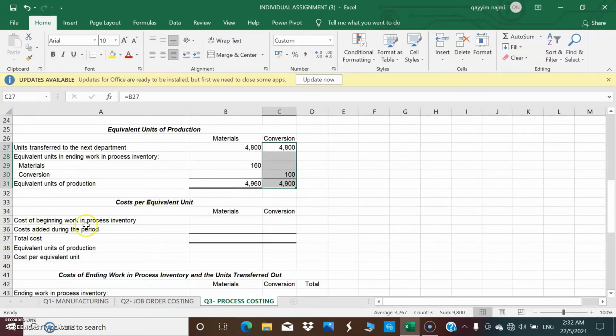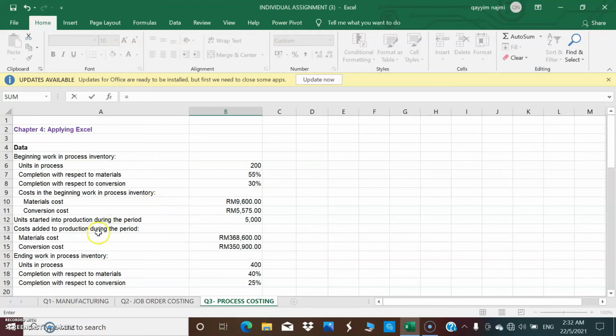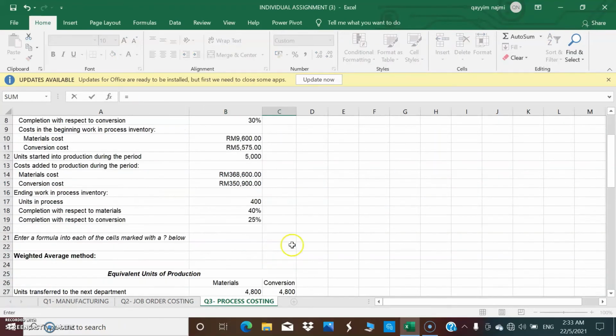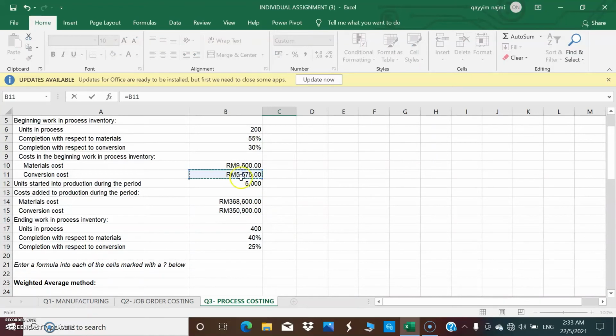Okay, the cost of beginning work in process, for material and conversion, is given by the question. The cost of beginning for material is 96,900, and for conversion it is 5,575.